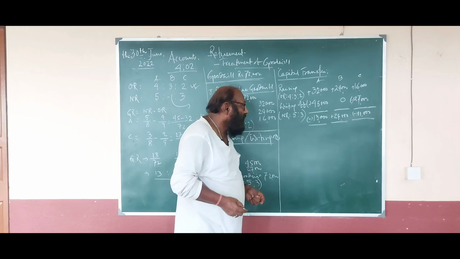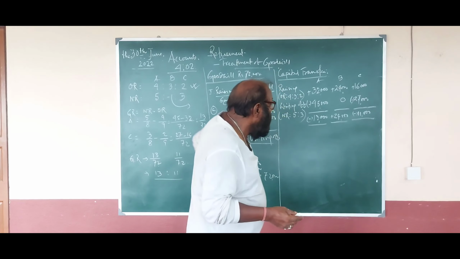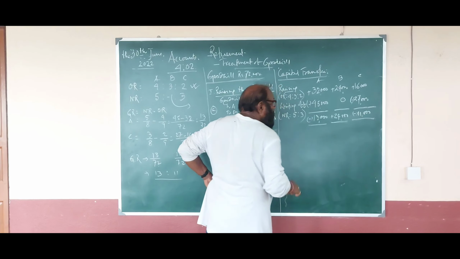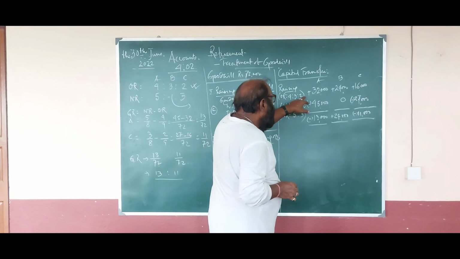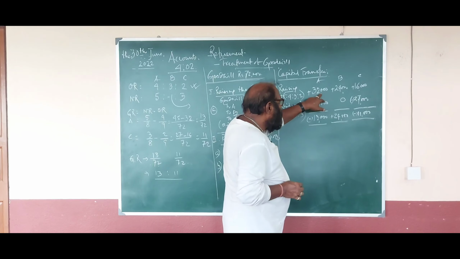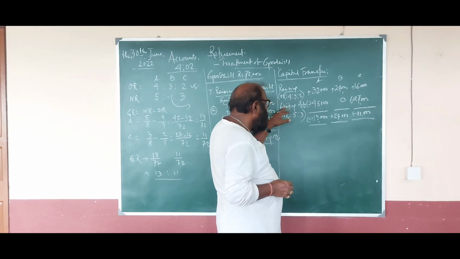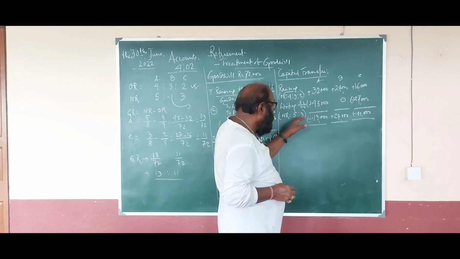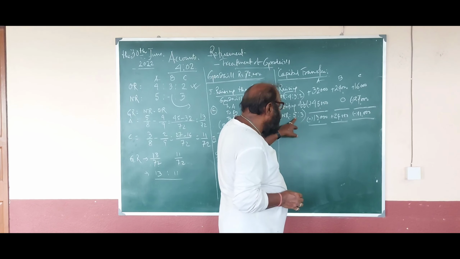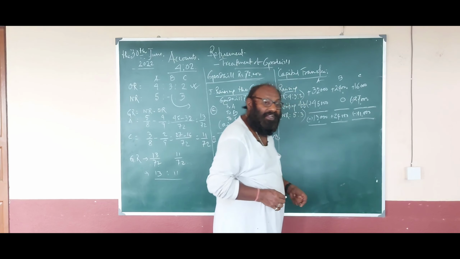In order to do that, we have to make a working. Okay, what we have done? First of all, we have raised the goodwill in the old ratio 4:3:2. So it is 32,000, 24,000 and 16,000. And then goodwill is written off between the remaining partners A and C in the new ratio 5:3. So it is 45,000 and 27,000.